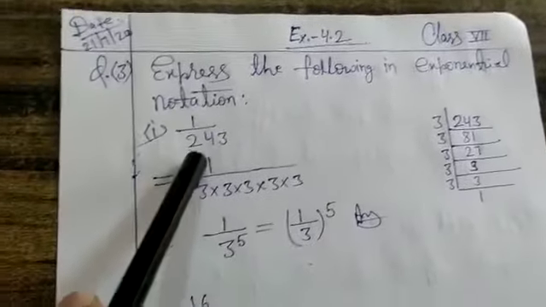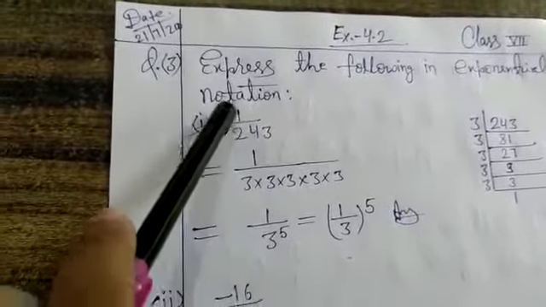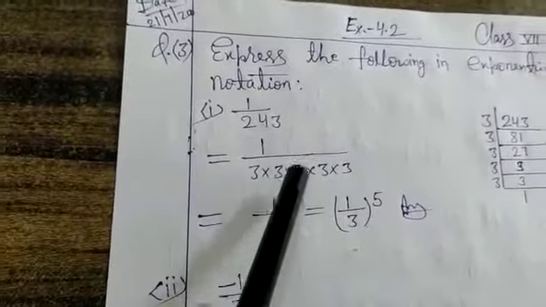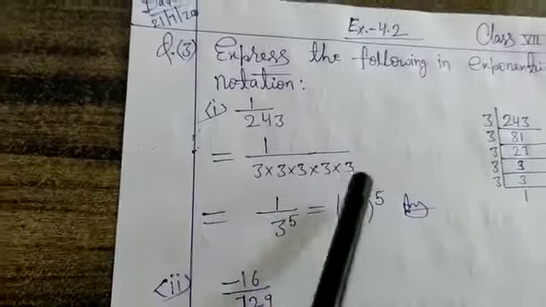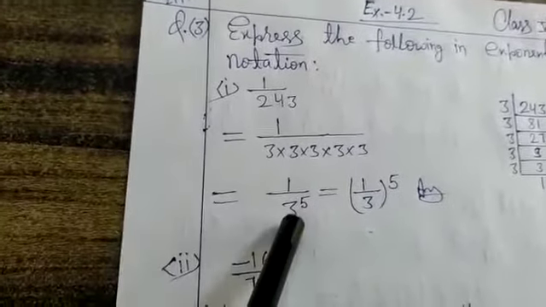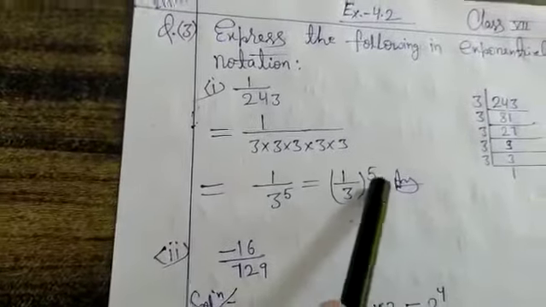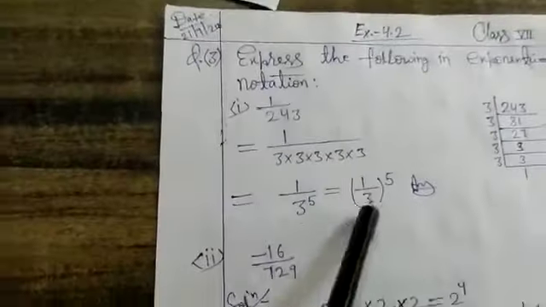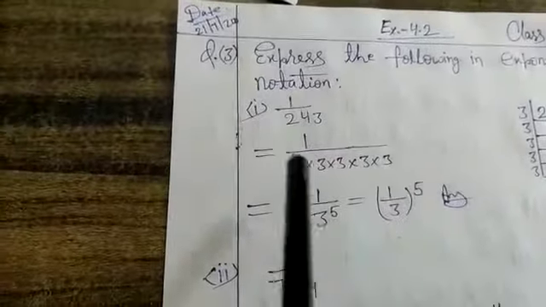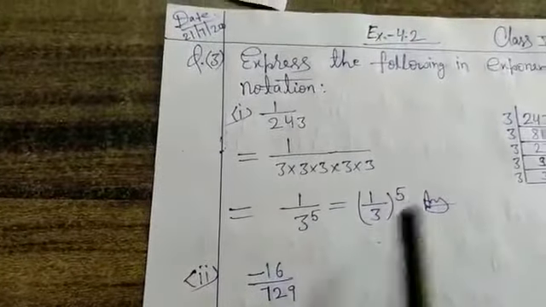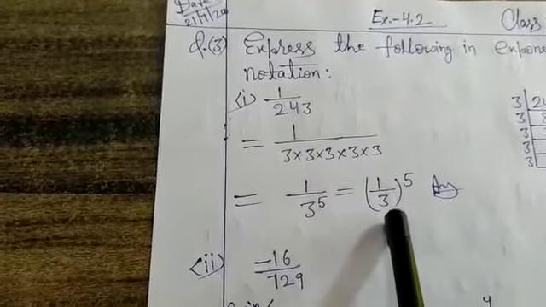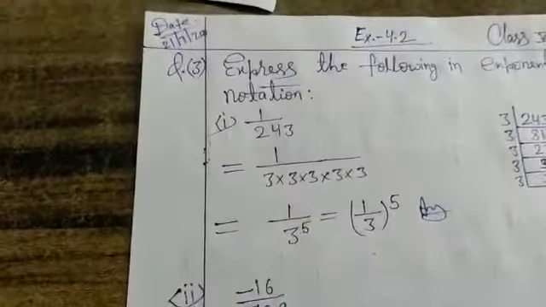So for 243 you can write 1 by 3 into 3 into 3 into 3 into 3, 5 times 3, so 1 by 3 to the power 5, or 1 by 3 whole to the power 5 will be the answer. Both are correct. You can write either as the answer. Both are the right answer.